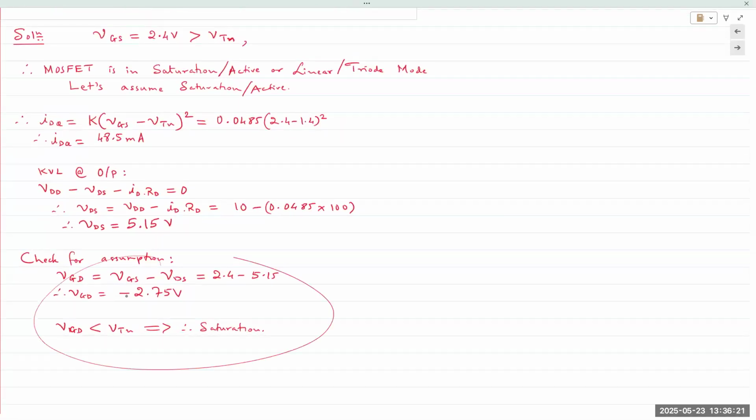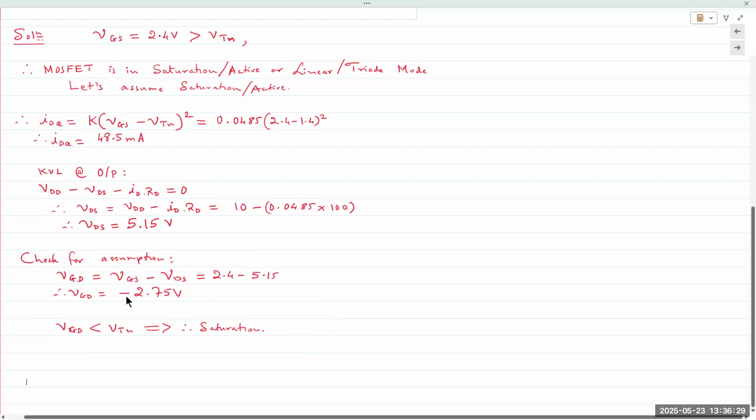So if it's less than the threshold voltage, then the device is in saturation or active mode. If it was larger than the threshold voltage, the channel would not be pinched off, and so it would be in the linear or the triode region. Current would be increasing linearly with increasing voltage. This is where the channel is pinched off.